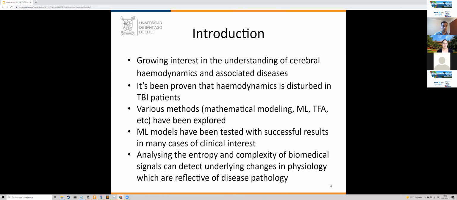Various methods, including mathematical modeling, machine learning models, and transfer function analysis, among others, have been explored to shed light on this topic. Also, there is emerging evidence that analyzing the entropy and complexity of biomedical signals can detect underlying changes in physiology, which are reflective of disease pathology.